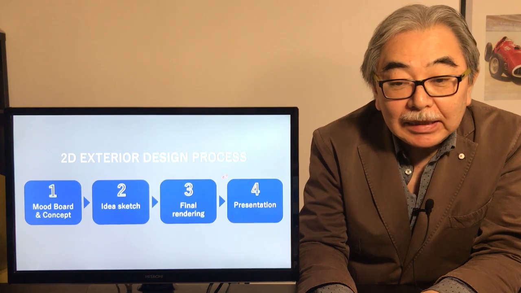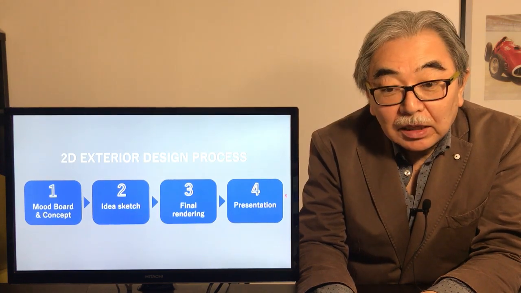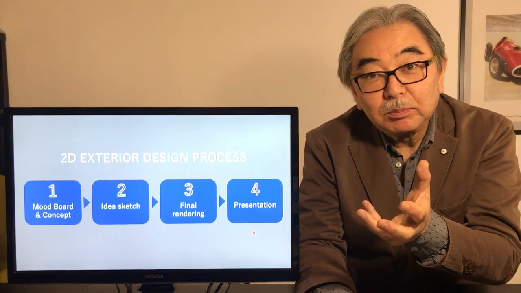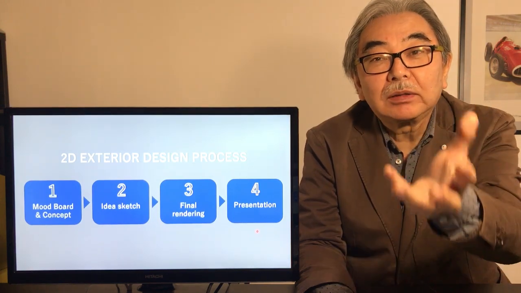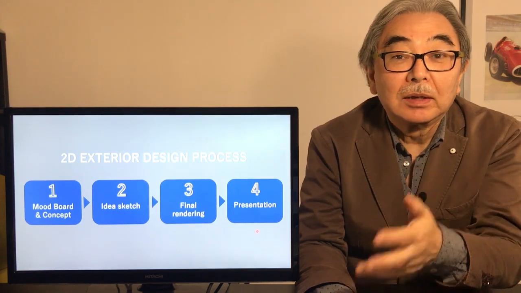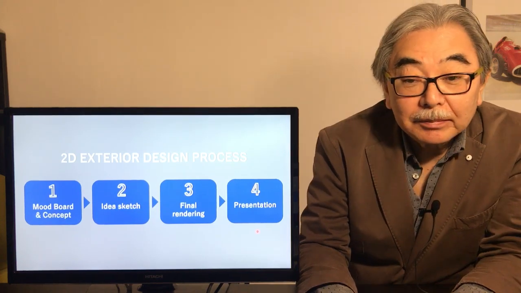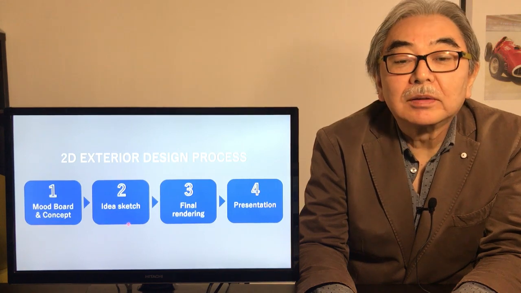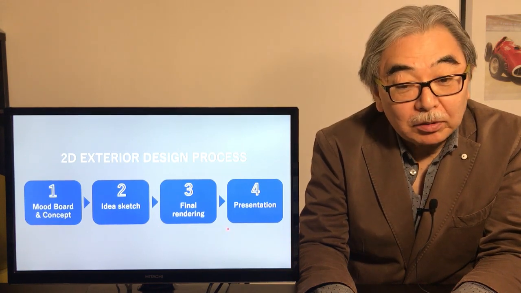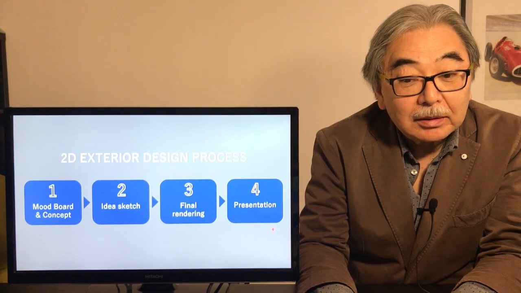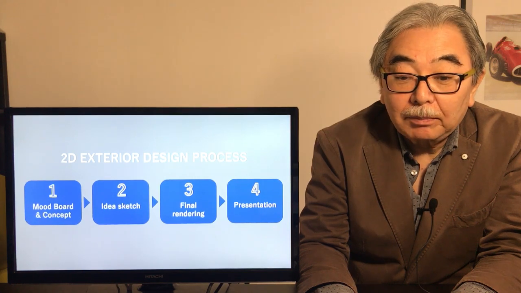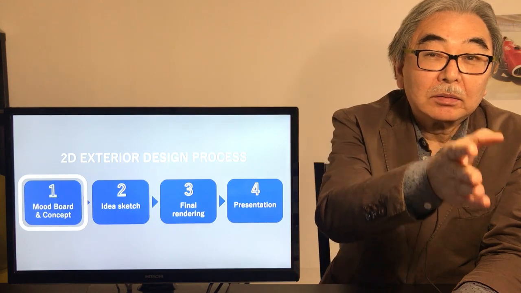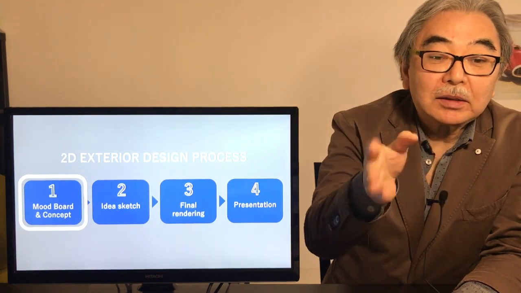And finally, the presentation stage, which is making a presentation board and showing it, explaining it to the audience, right? So this is the whole 2D exterior design process. And today I'd like to talk in more detail, stage by stage.